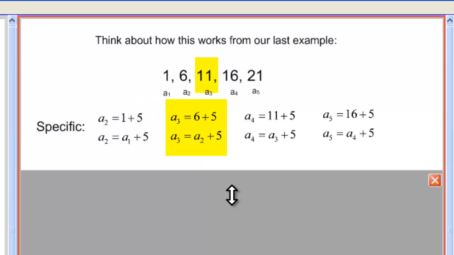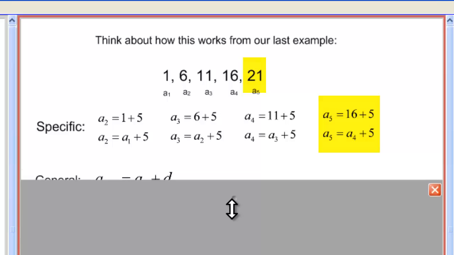I can think of 11, which is the third term, as the second term plus 5. I can think of 16, which is the fourth term, as the third term of 11 plus 5. I can think of the fifth term, which is 21, as the fourth term of 16 plus 5. So those are the specific examples.